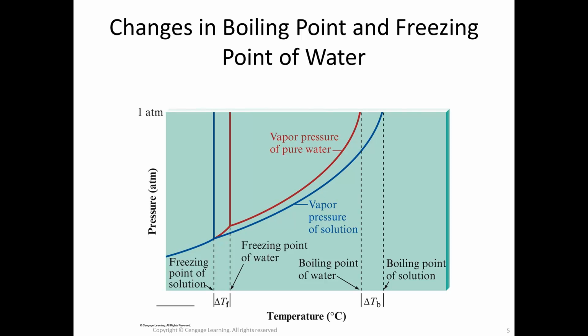The blue line represents a solution with water as the solvent, where we see a shift in our curve. The freezing point of our solution is lowered compared to that of pure water, and our boiling point is raised compared to that of pure water.